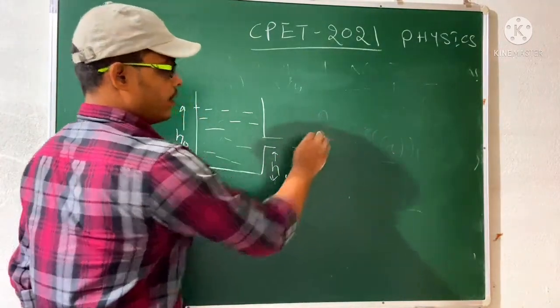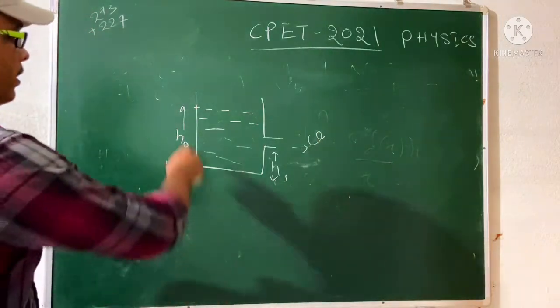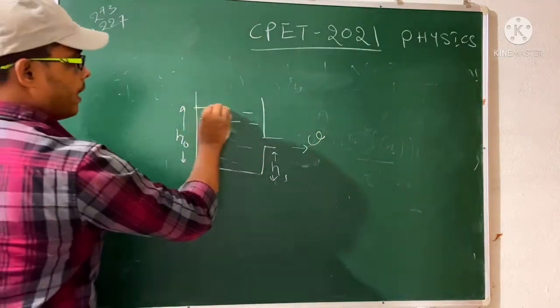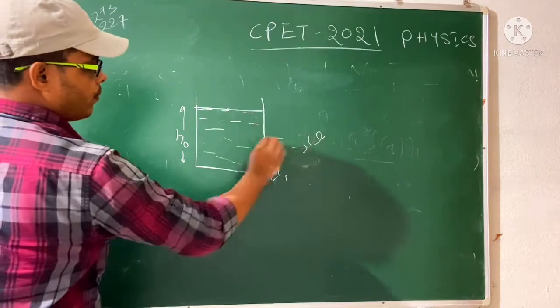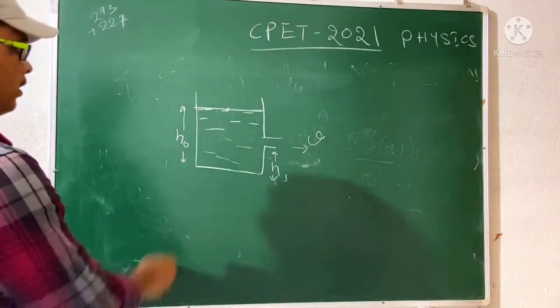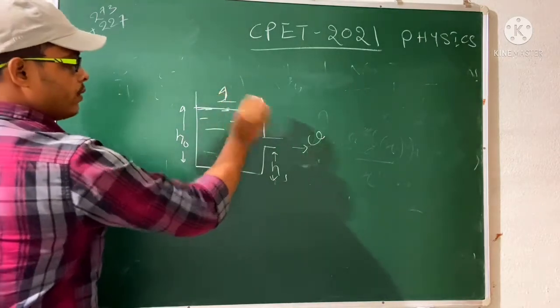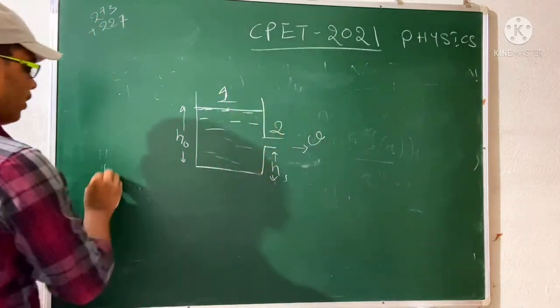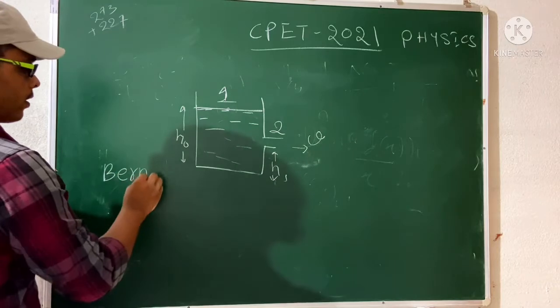Then what is the velocity here? There is one point, the maximum point, and this is the point at which the liquid comes out. So what is Bernoulli's equation? This is the first point, and this is the second point.